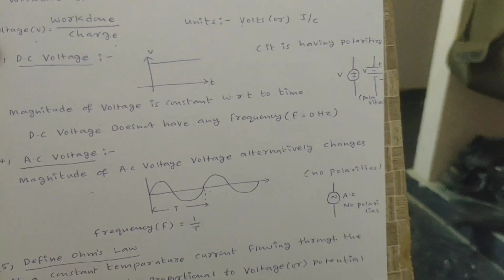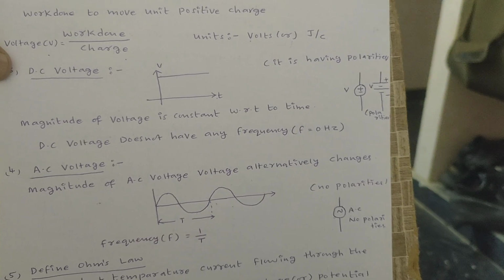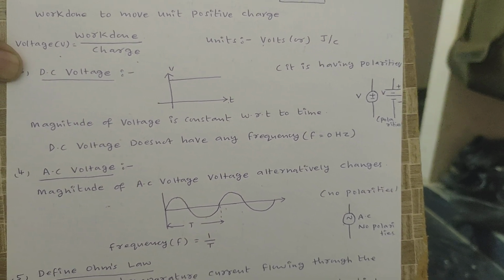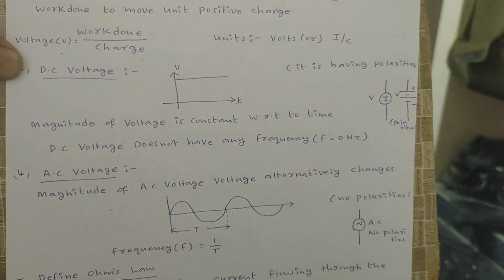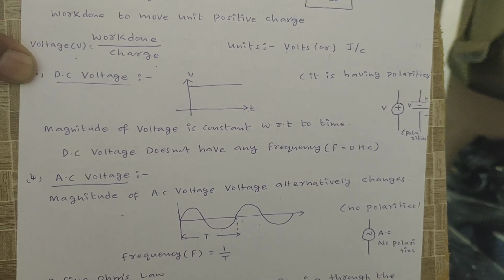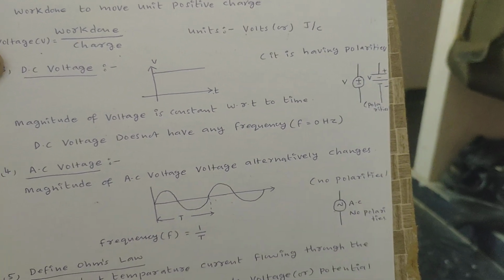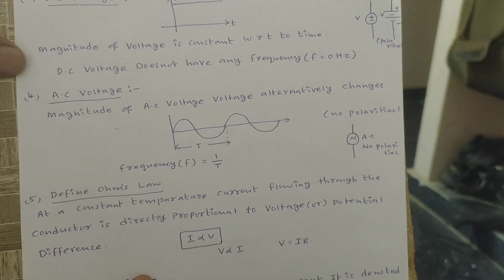In case of an AC system, frequency plays a major role. The relation between frequency and time period is frequency F is equal to 1 by T. Whereas an AC system doesn't have any polarities. This is the representation of an AC system.